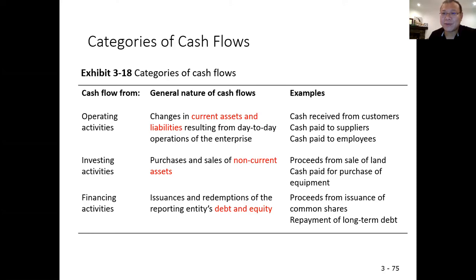If there are transactions related to that account, under which activity should the cash flow be reported? If that account is a long-term asset, then you know it should be reported under investing activity. If it's a long-term liability or equity, then it should be reported under financing activities.